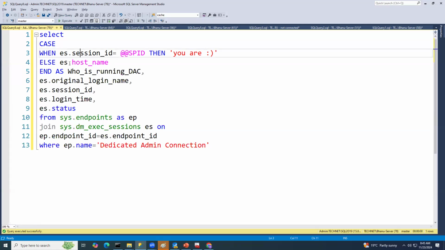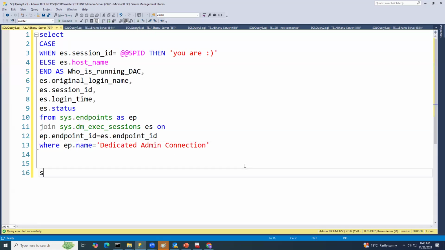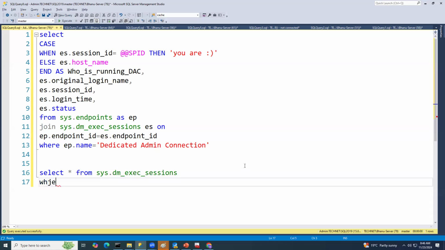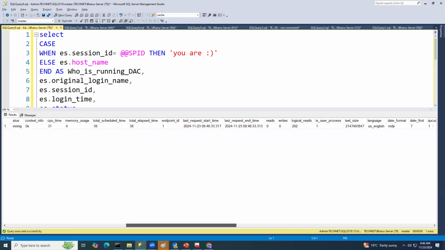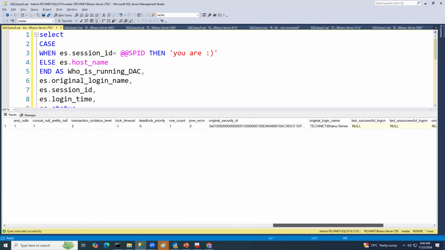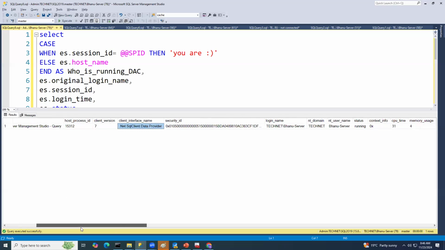So EP that session, like running a deck, who's running a deck, what is the endpoints, EP, sessions.